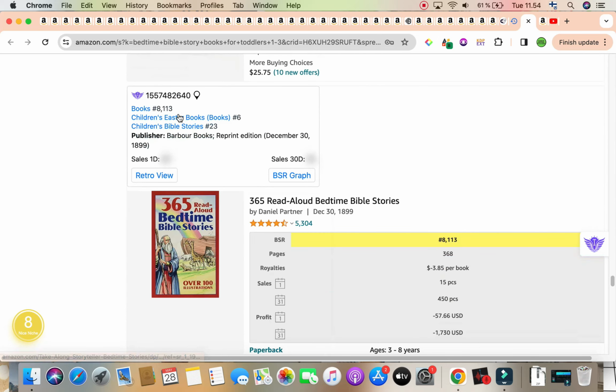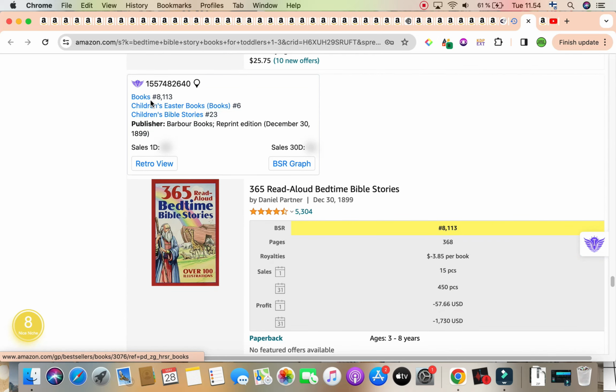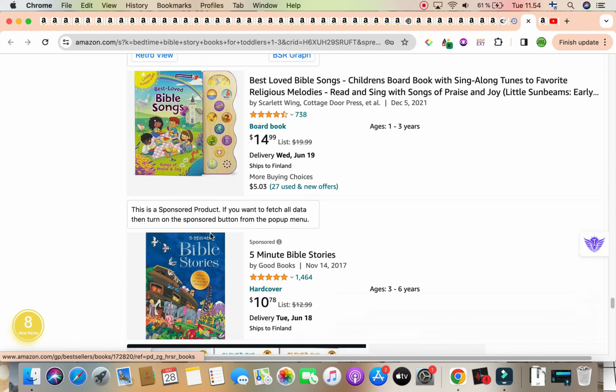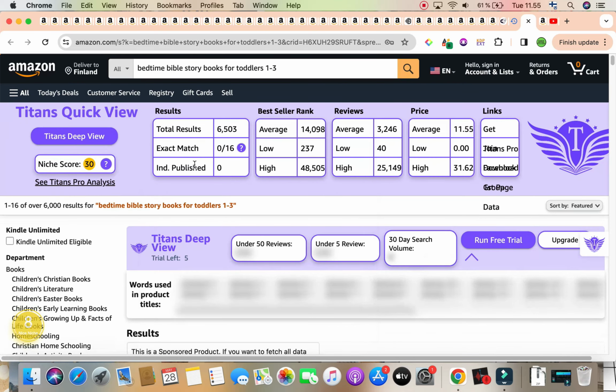We've got as well 801, 8,113, 7,600. So these were more than 8 or 9 books with a BSR under 100,000, not sponsored, just by the first page.